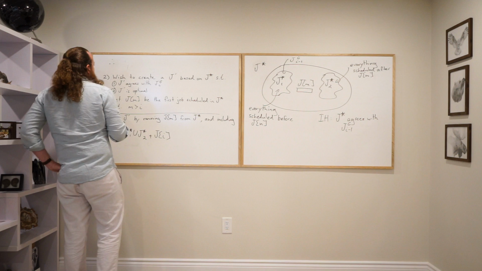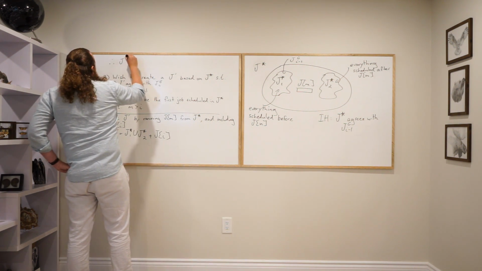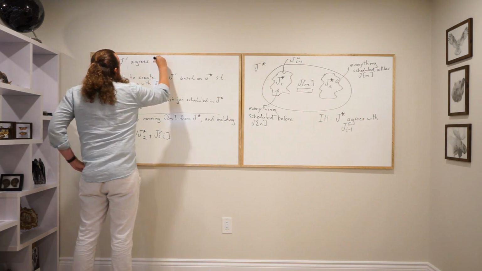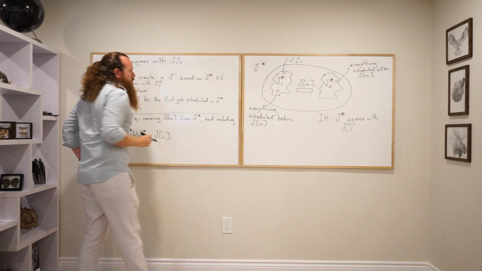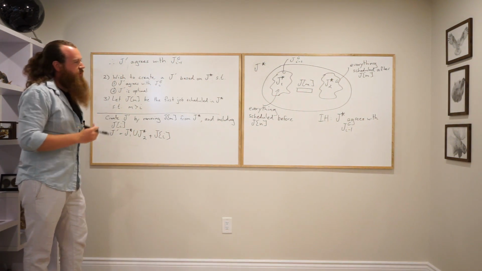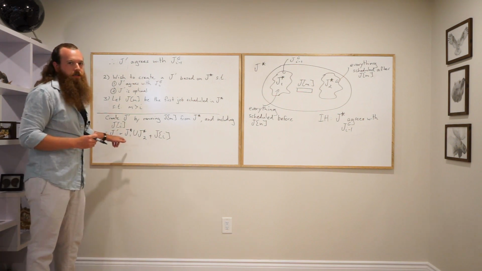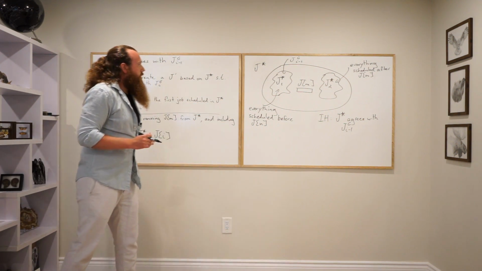Therefore, J prime agrees with Jg I minus 1. It agrees with the first I minus 1 choices of the greedy algorithm because it's including this set here and nothing more. No other jobs before Ji as well.